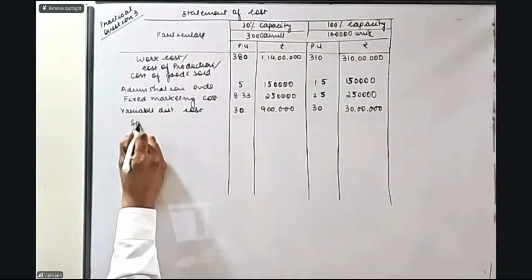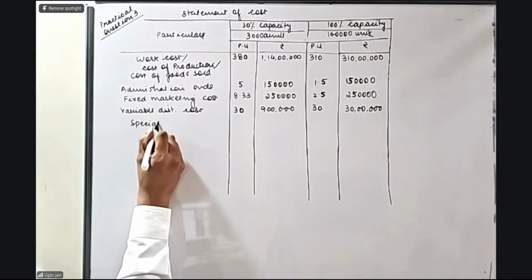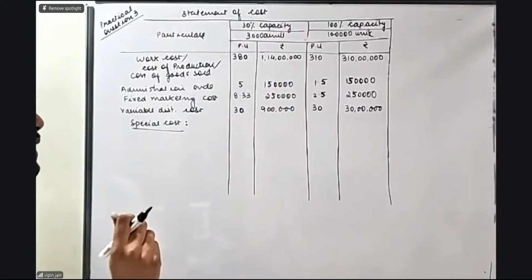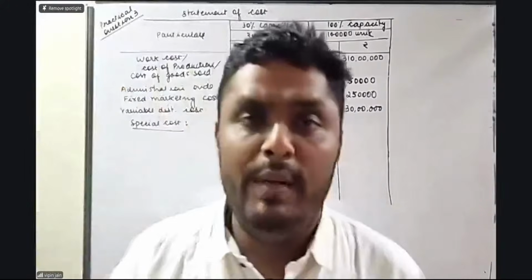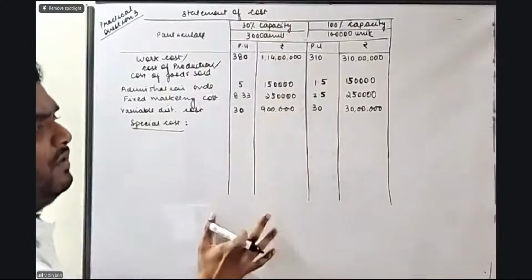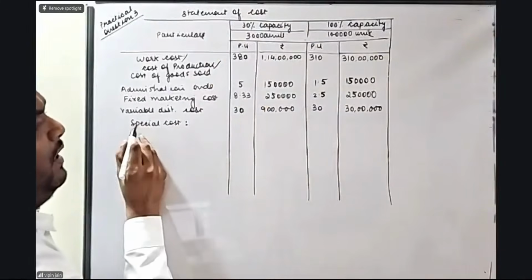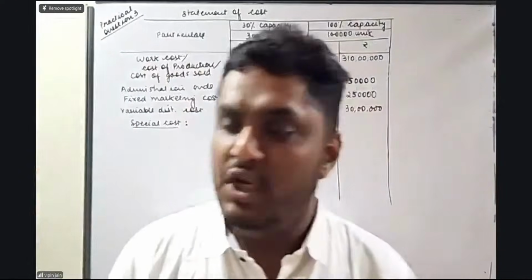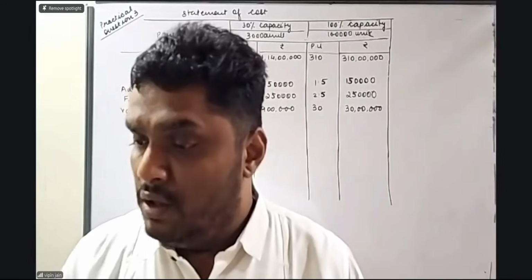Now the special costs. Let's start with each and every point one by one. The special costs are not required for 30,000 units capacity. If you want to sell the entire 1 lakh units, then only the special cost will be incurred.